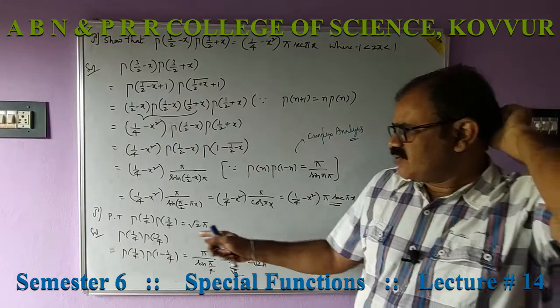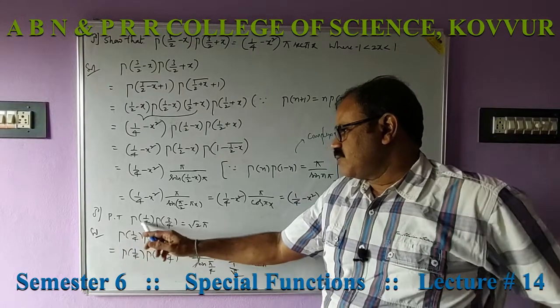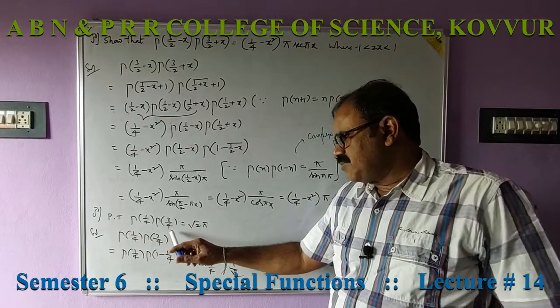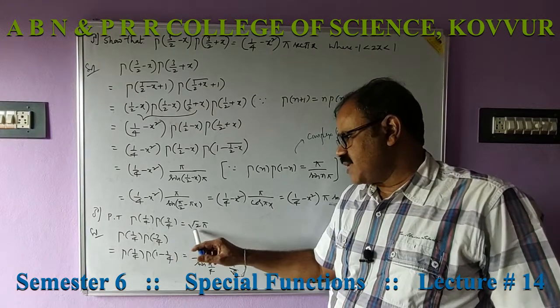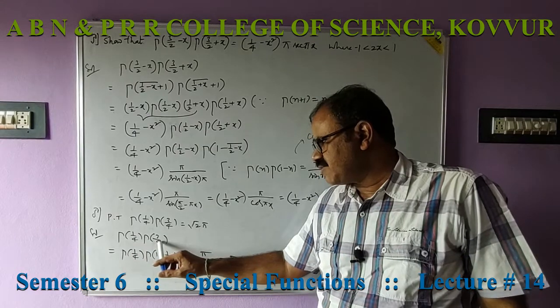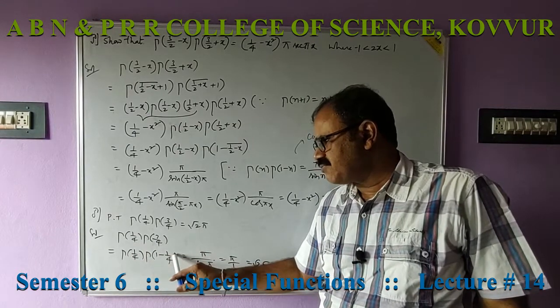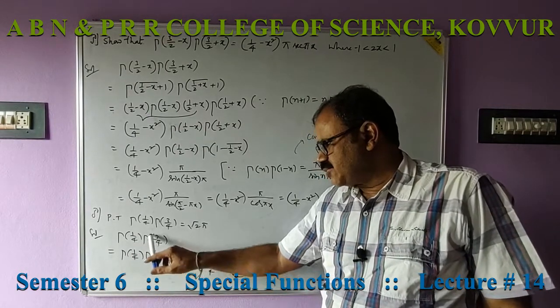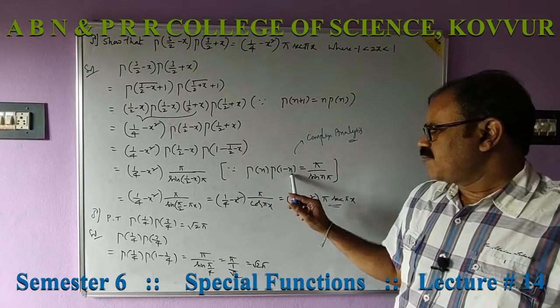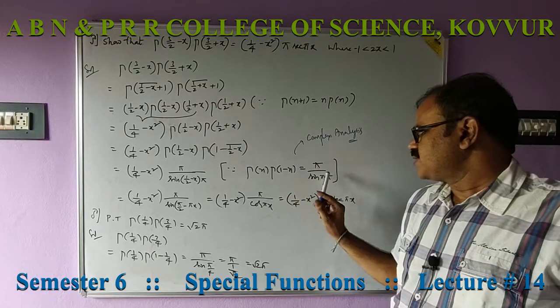In the same way, you have another simple example. Gamma 1 by 4 into gamma 3 by 4. Show it as root 2 into pi. Let us see. Gamma 1 by 4 into gamma 3 by 4. 3 by 4 can be written as 1 minus 1 by 4. So gamma 1 by 4 into gamma 1 minus 1 by 4. Gamma n into gamma 1 minus n is pi by sin n pi.